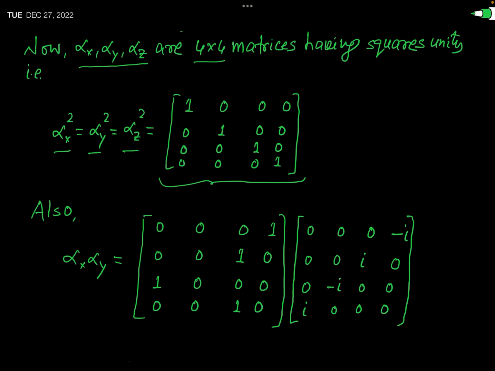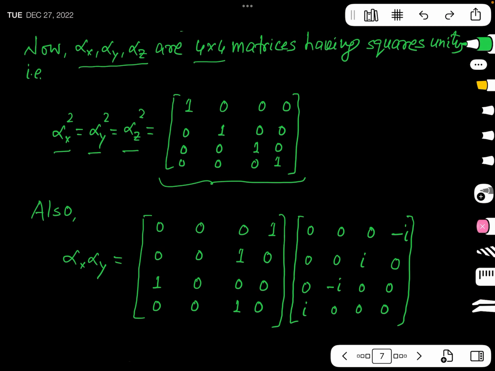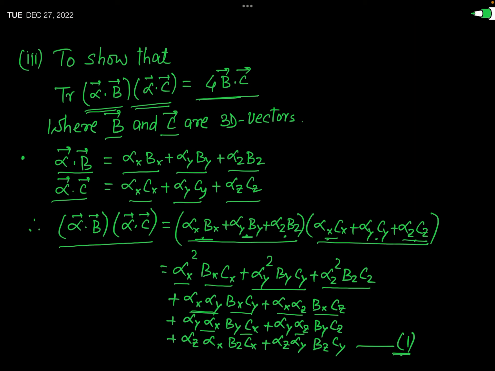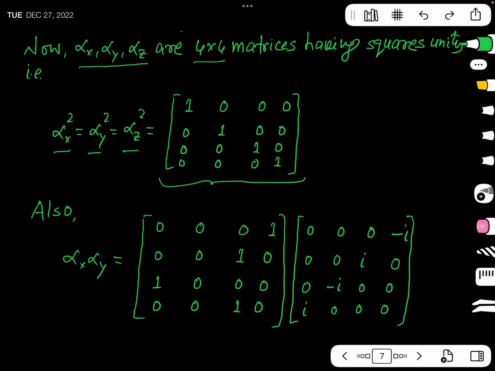Now we have also learnt the matrices for alpha x, alpha y, and alpha z in the previous lecture, so I am not repeating that, but we will write all those matrices directly. To evaluate the RHS of this equation, we need to find the matrices alpha x, alpha y.